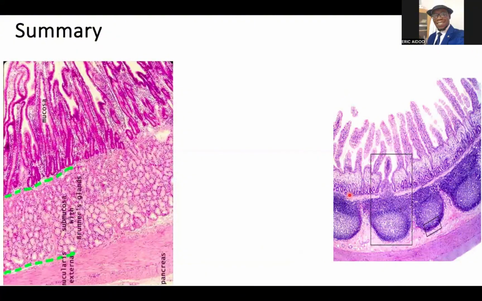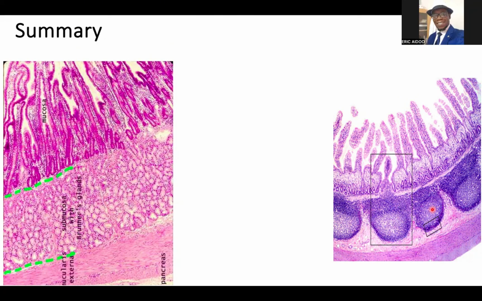So in summary, we have looked at the duodenum and we said that it has a lot of Brunner's glands in the submucosa. We talked about the ileum and we said it has a lot of lymphoid nodules. We also see a lot of lymphoid nodules in the appendix. So from the distal portion of the intestine, most of these contain nodules, from the ileum all the way down.